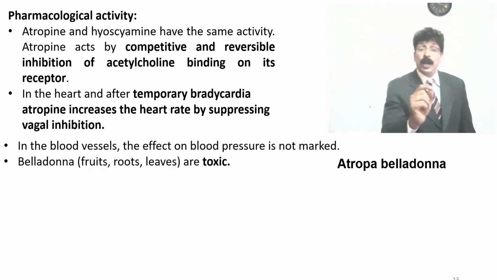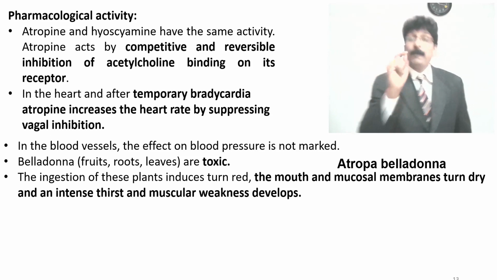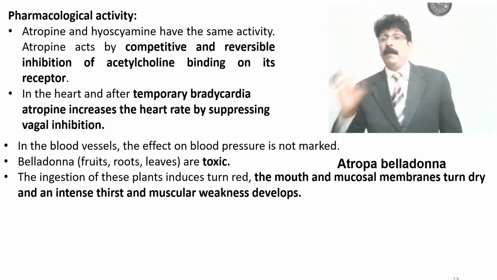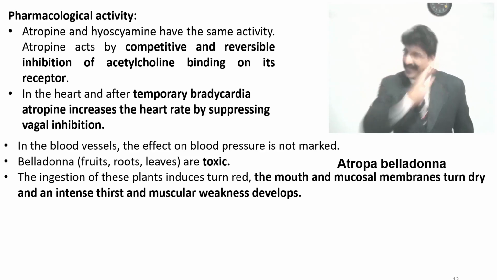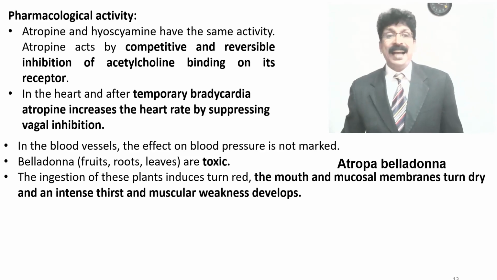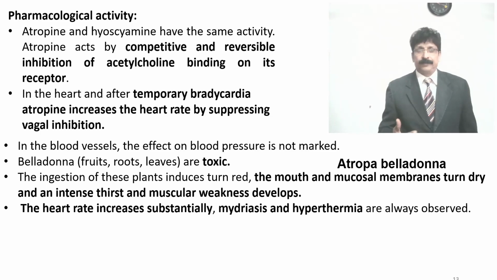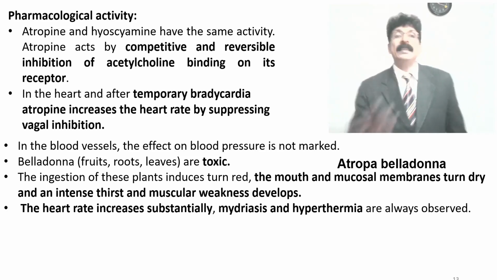Belladonna fruit, root and leaf are toxic. Ingestion of the plant turns the mouth red, and the mucosal membrane turns dry because of reduction of salivary secretion, with intense thirst, and muscular weakness develops. The heart rate increases substantially. You know why? By suppressing the vagal inhibition.